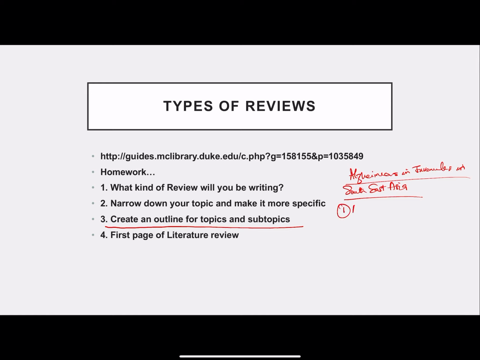You might start by telling us a general overview on Alzheimer's. You might talk about the history of dementia in Southeast Asia. You may talk about Alzheimer's specifically in Southeast Asia.